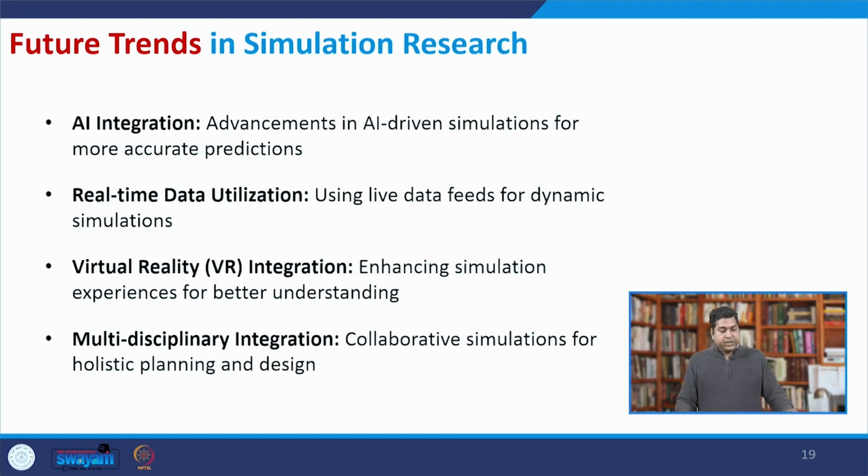Coming to the future trends in simulation research, yes, the integration of artificial intelligence into simulation can make a jump in this advancement. Advancement in AI-driven simulation for more accurate prediction, but again in those cases you have to train your model.